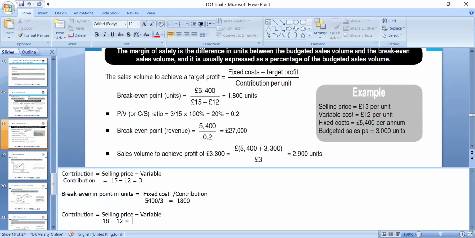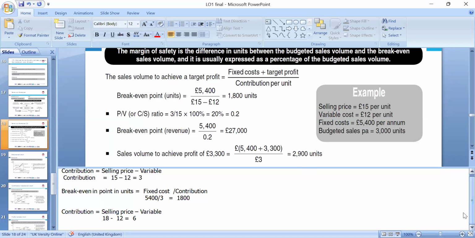So how much is the contribution here now? 18 minus 12 is 6. What will the break even be now if you increase the price?